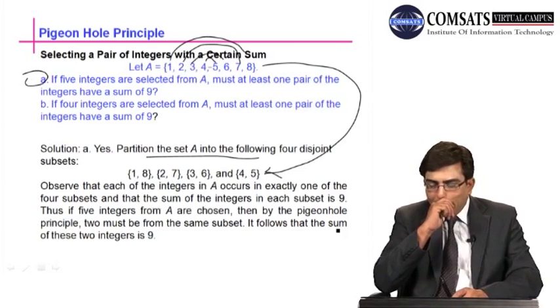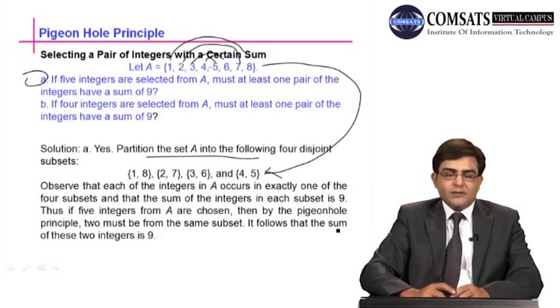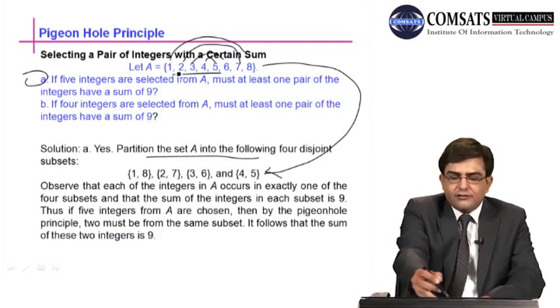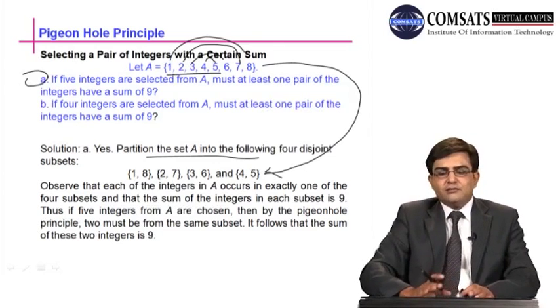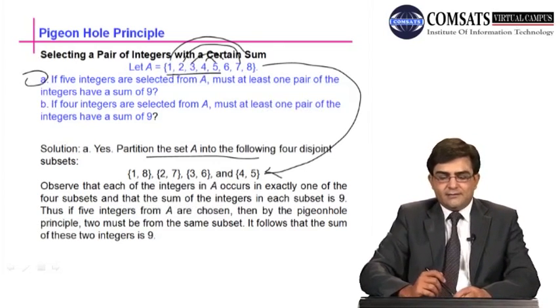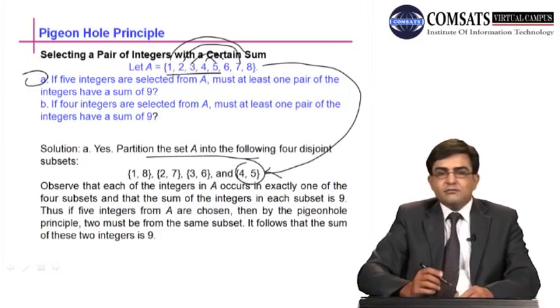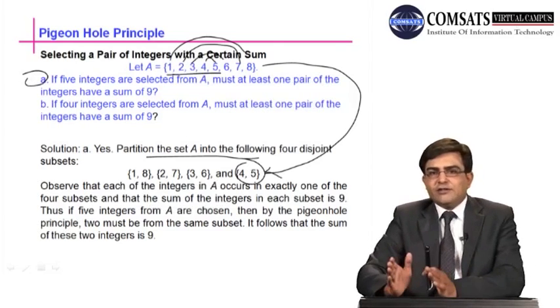Thus, if 5 integers from A are chosen, then by the pigeonhole principle 2 must be from the same subset. If you choose any 5, for example the first 5, 1, 2, 3, 4, 5, then 1 belongs to the first set, 2 belongs to the second set, 3 belongs to the third set, and 4 and 5 belong to the same fourth set. Now the pair 4, 5, which is in the same set, has the sum 9. That is, we have 5 integers and 4 subsets.